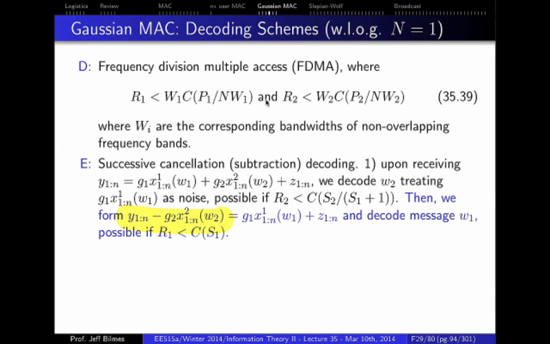We've got a noisy version of the code word just for W1, and we can decode that message at this rate, because now, in some sense, we've removed the effect of W2's code word, because we've decoded it.